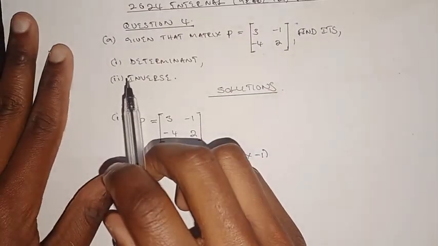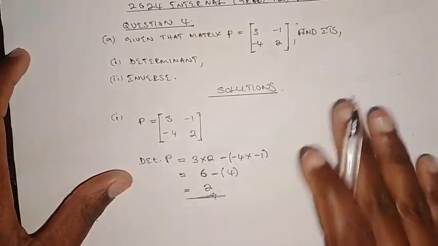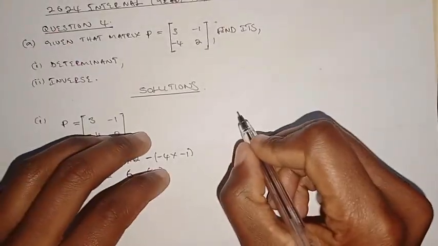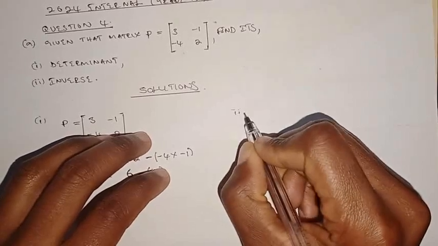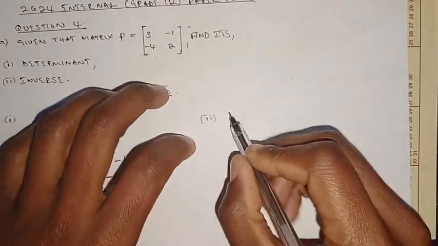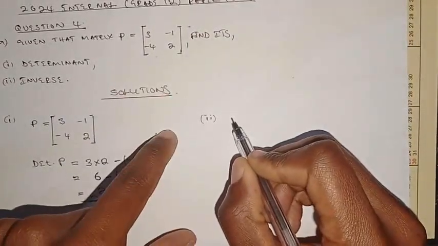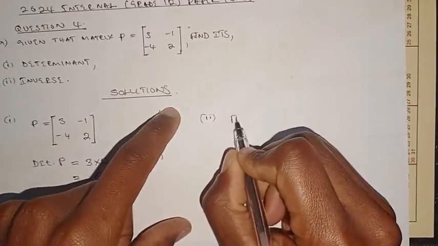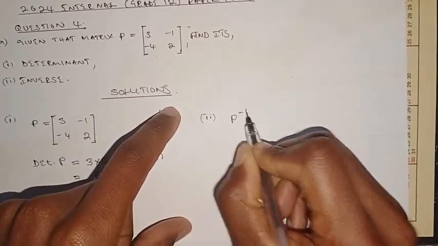So now let us look at the second part here, that is saying that the inverse. So let us find the inverse of matrix P. So how do we indicate inverse? Inverse is indicated by adding a -1 like so.